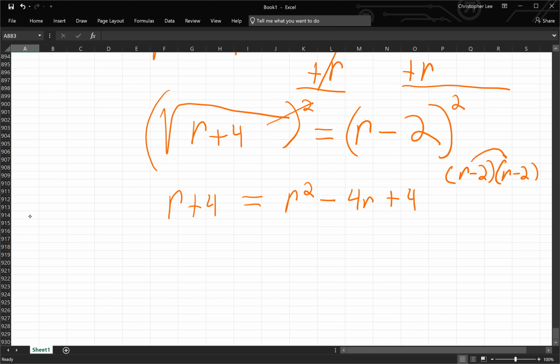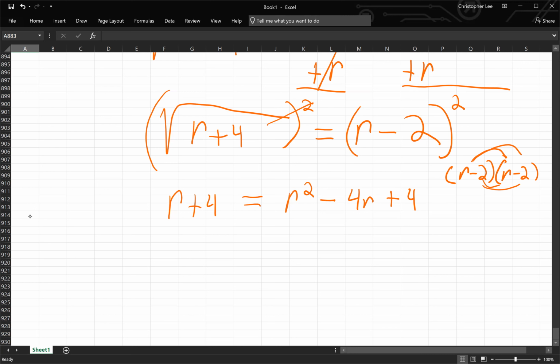And then when you distribute it, r times r is r squared, r times -2 is -2r, -2 times r is -2r, add them together, that's -4r. And then -2 times -2 is +4. That's how. All right. You can foil it on the test.